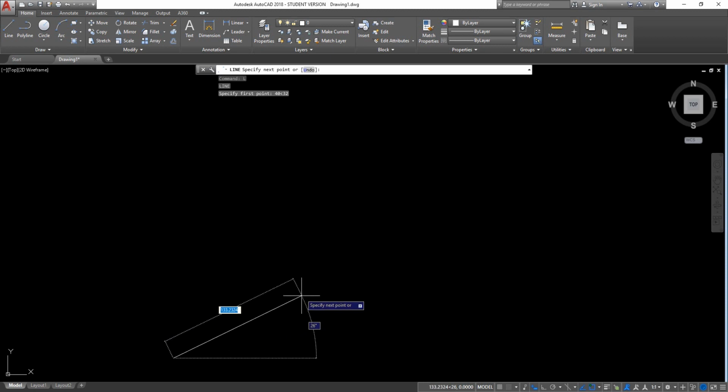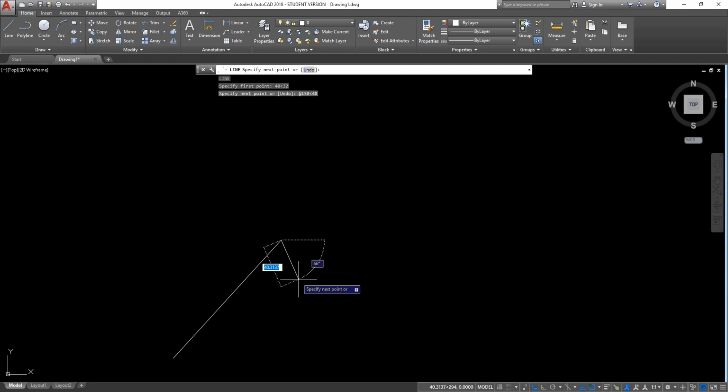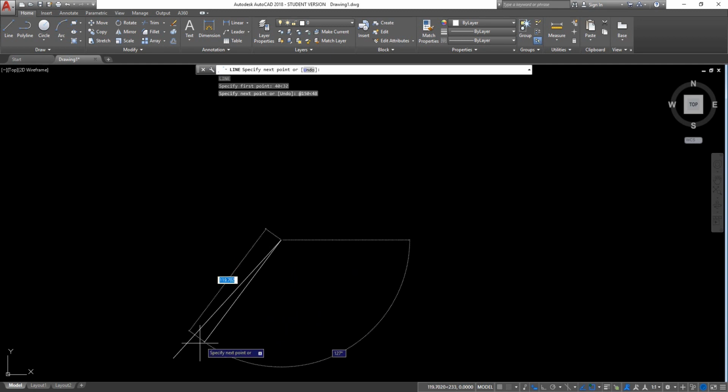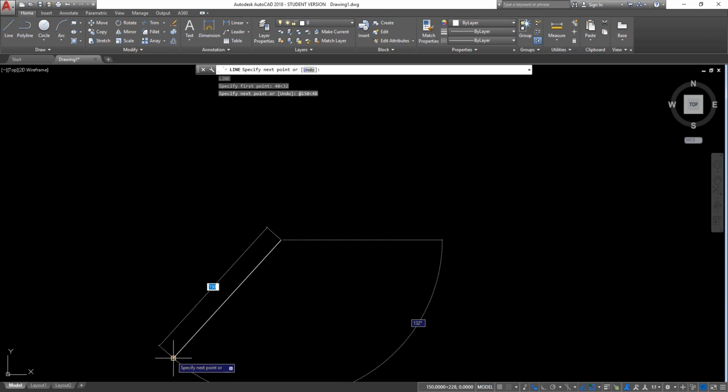Now you can see that AutoCAD is showing you a polar system coordinate. So you only have to type the information 150, for example, less than 48, for example. This is a line that has an elevation of 48 with a length of 150.